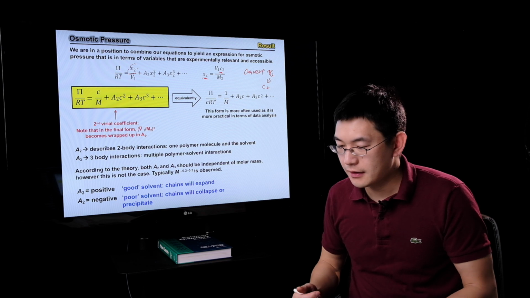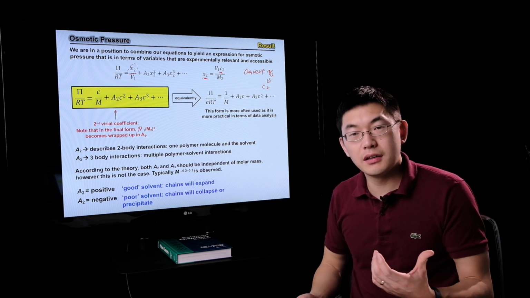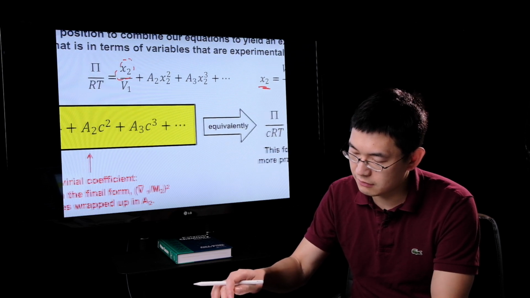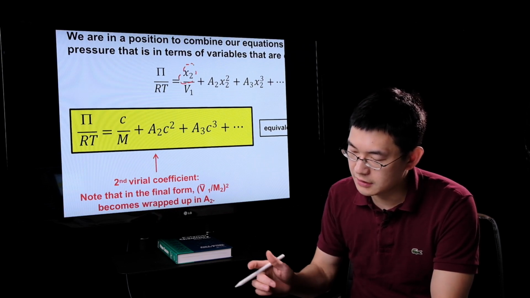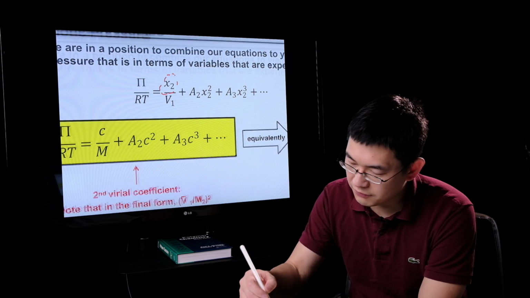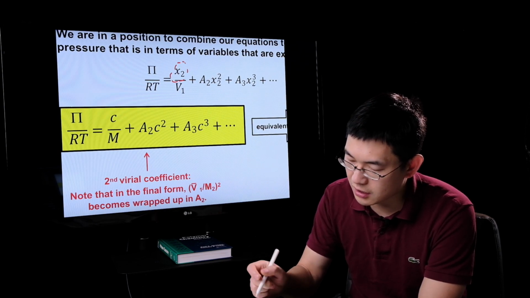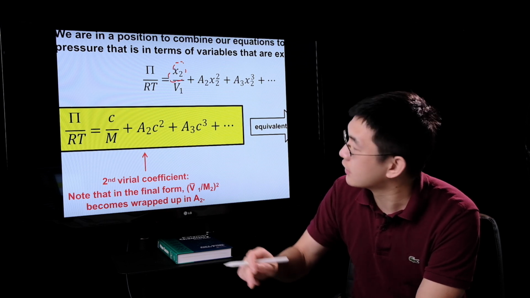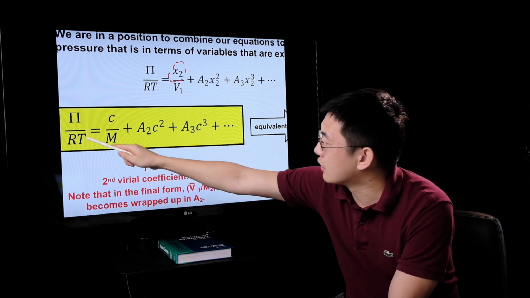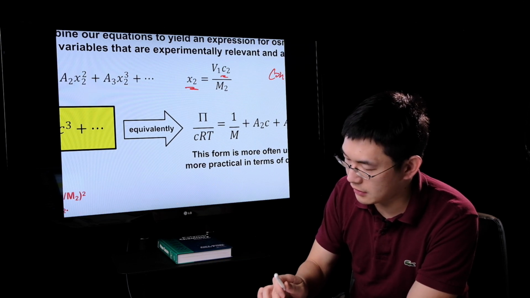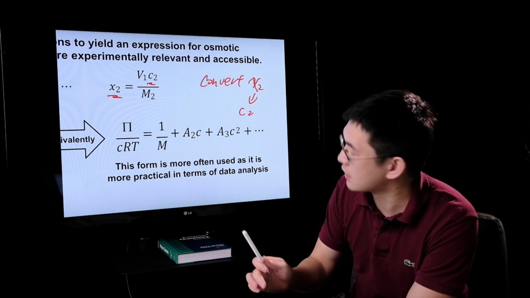Of course, some researchers found that you can also rewrite this equation, particularly if you divide by the concentration term on each side. If you divide by a C on the left part of the equation and the right part of the equation, you can rewrite the same equation to this.